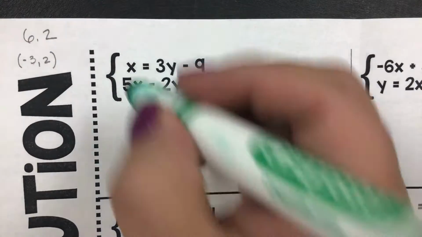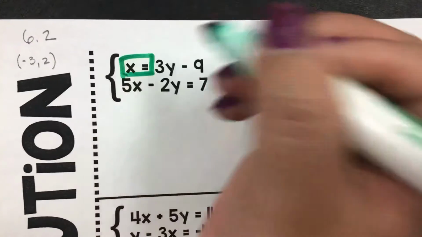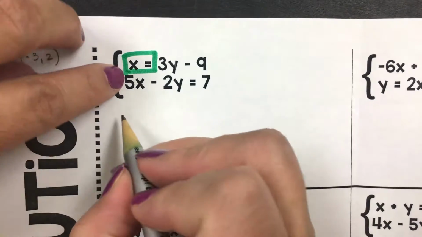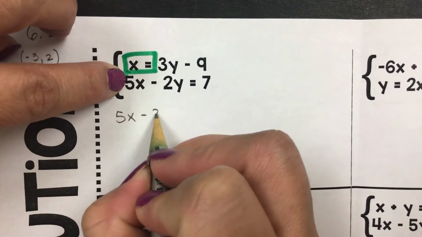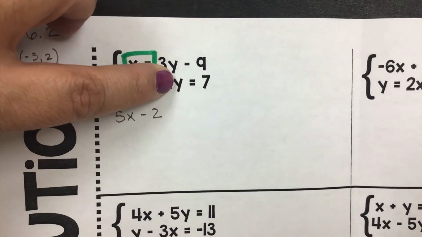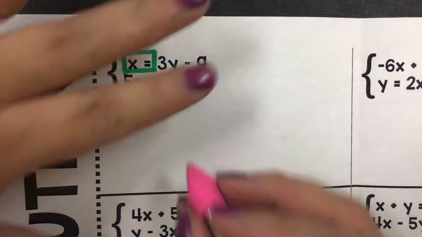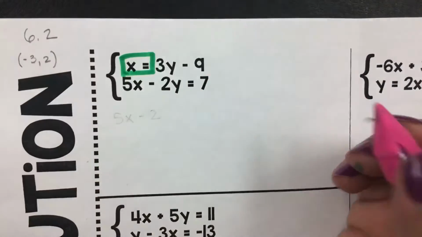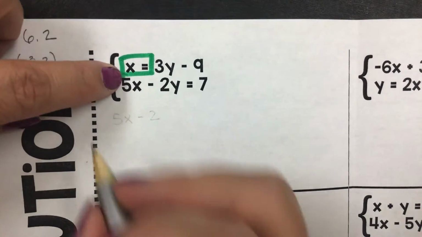Here you can tell we have an x equals. So that means that instead of substituting for x, we're going to substitute for y. We're going to write 5x minus 2. And, I made a common mistake. Sorry, it was an x value that was going to be substituted in. So let's try that again. 5.